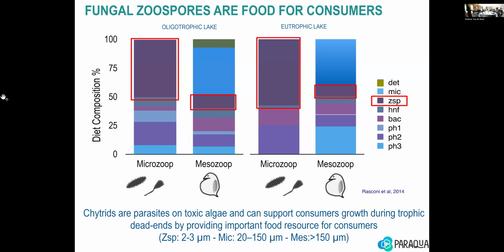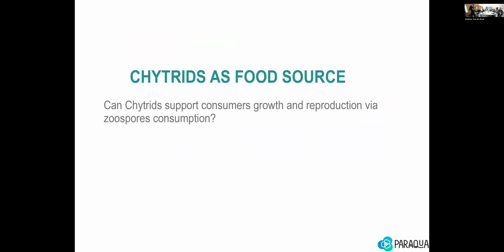So it is important at some point when we study ecology to get back, at least if not in the real world, to some experiment and try to really measure what happens in reality. So now we will have a look at how Chytrid supports consumers via zoospore consumption, and how this was shown by experiment.